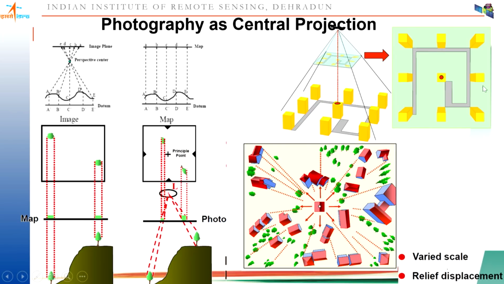You can see here the top and the bottom and the side of the building is also visible. The buildings are leaning outward. This is because of the height of the building, and this particular displacement is called relief displacement. We will be talking about relief displacement also.